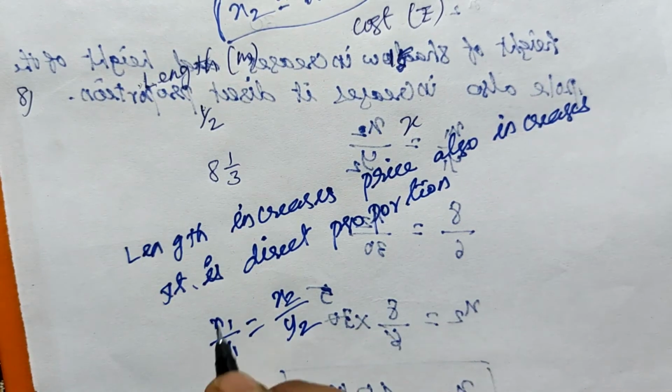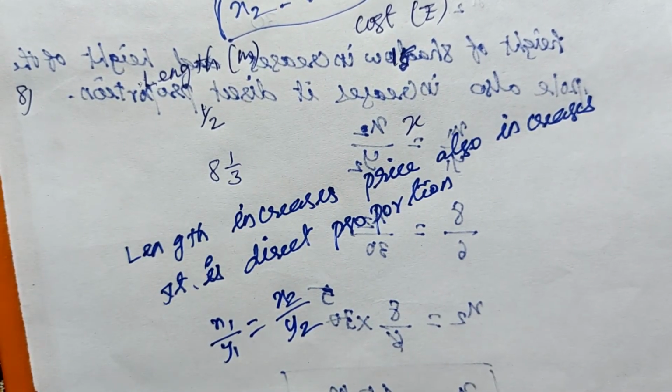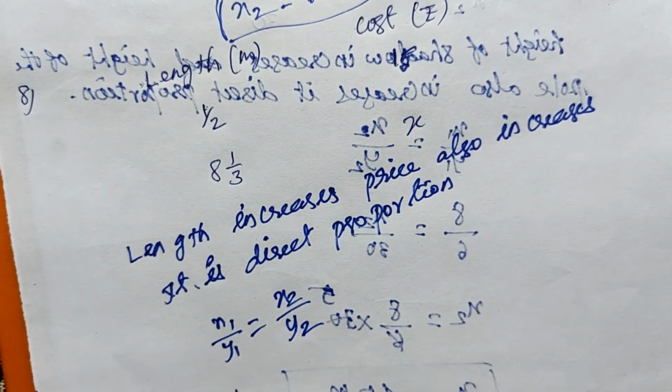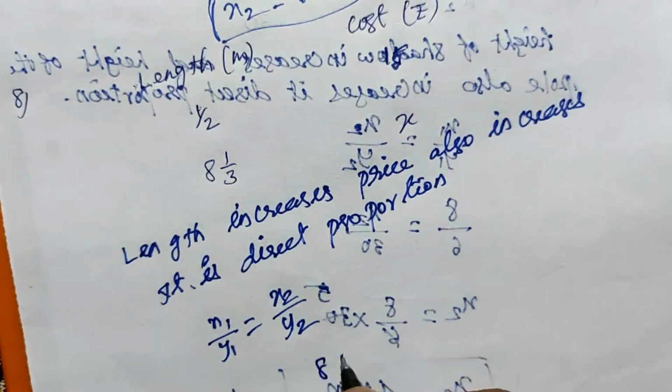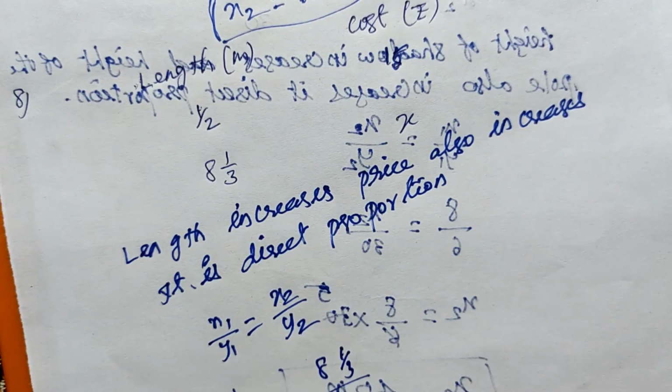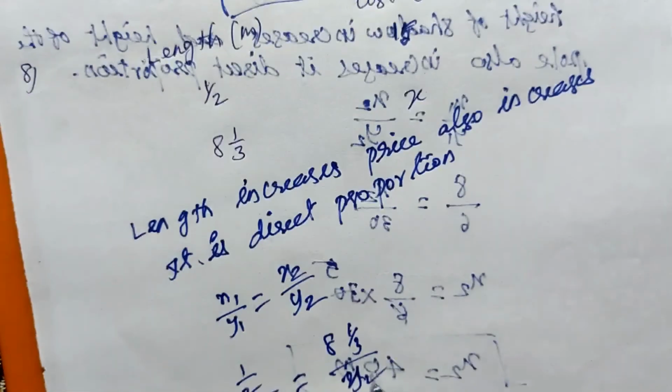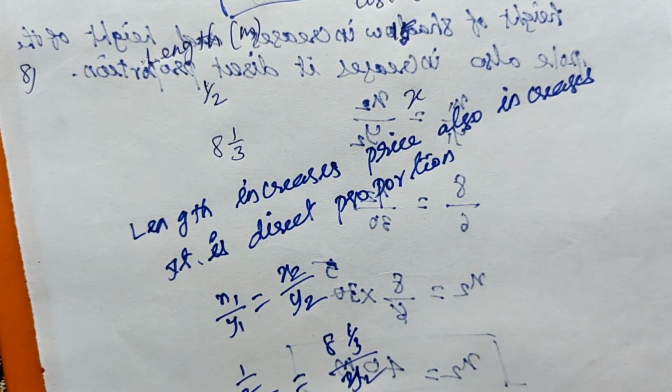Right. So x1 how much? 1/2 divided by 15 equal to 8 1/3 divided by y2. Right. Listen. y2 is equal to how much?